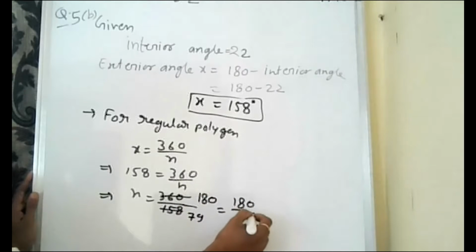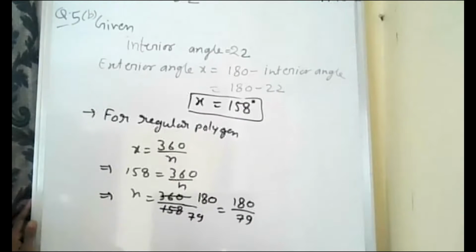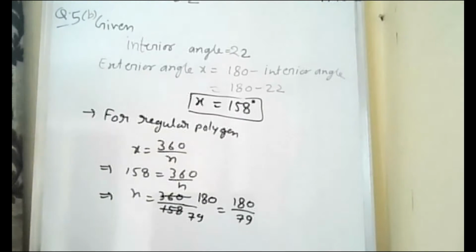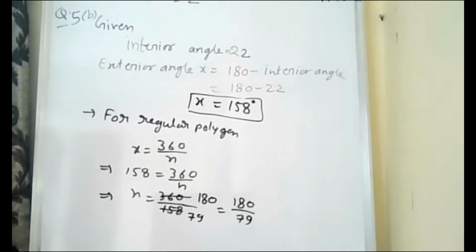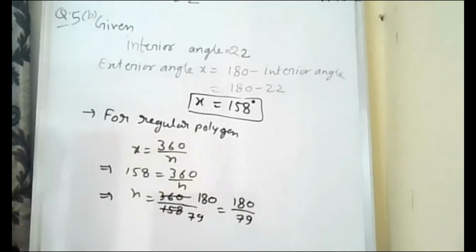180 divided by 79. Is it divisible by any number? No, it is not divisible by any number. So we will divide 180 by 79 directly.